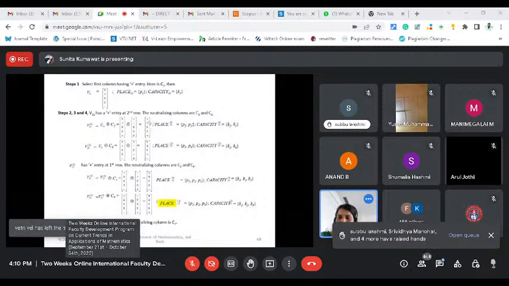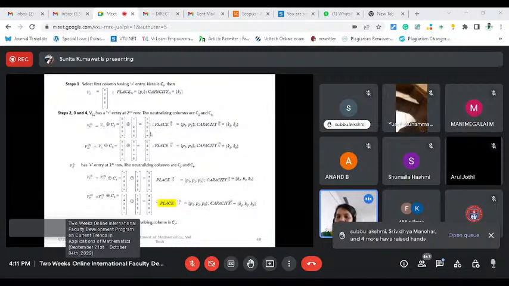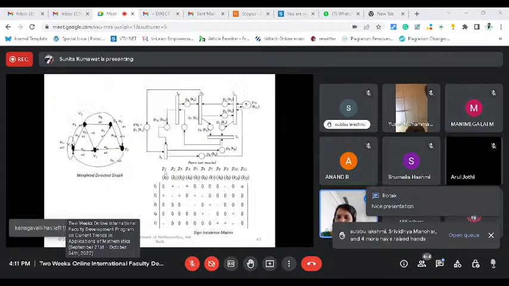So how will we find whether a given structure or given vector will form a cycle or not? Parallelly we are storing the corresponding places, because C2 corresponds to P2 and C1 corresponds to P1. Here the C1 column is P1, the C2 column is P2.